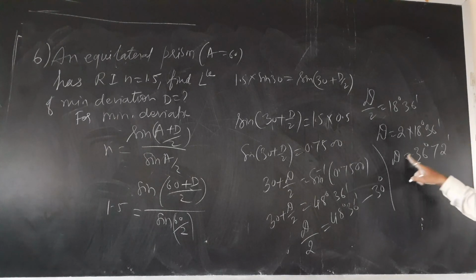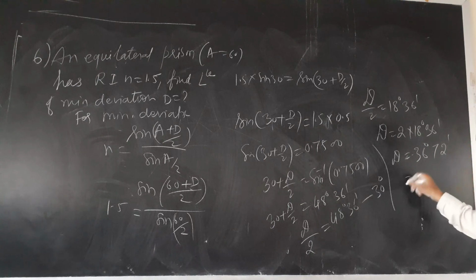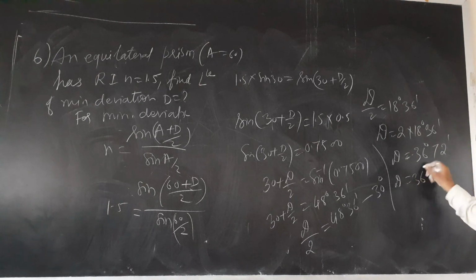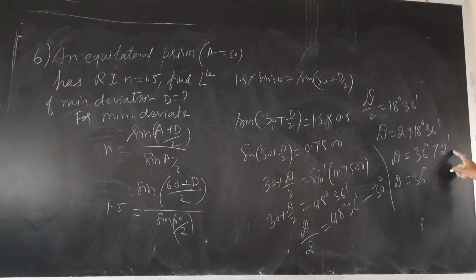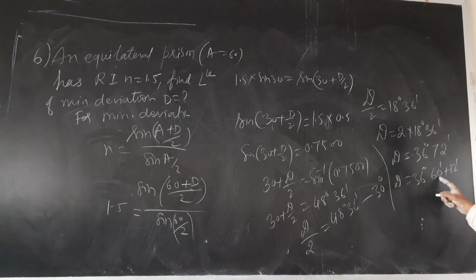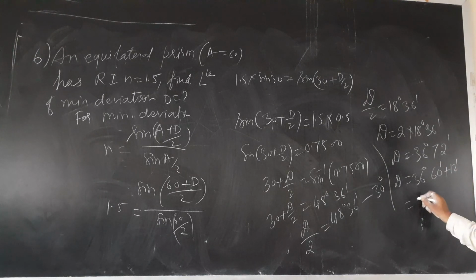Now it is ridiculous to keep it with a value more than 60 minutes. 72 minutes can be written as 60 minutes plus 12 minutes, and 60 minutes is equal to 1 degree, so it will become 37 degrees 12 minutes. So angle of minimum deviation is found.